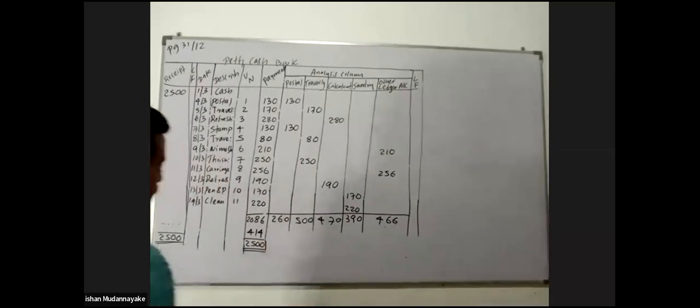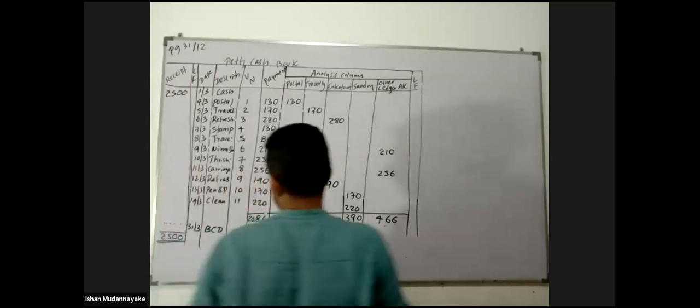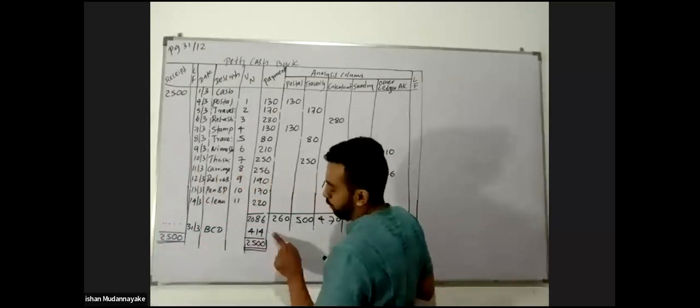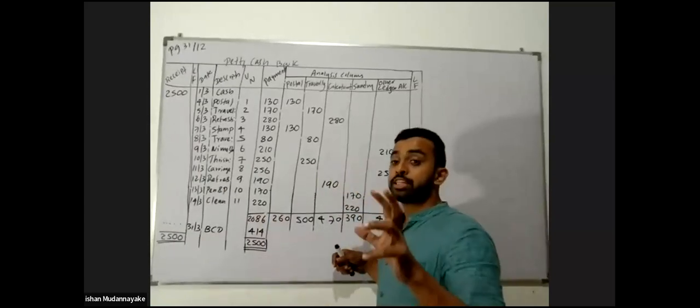Balancing of a ledger account. 414 remaining balance. Then on 31st March, balance carried down 414. And then next month, April, balance brought forward.